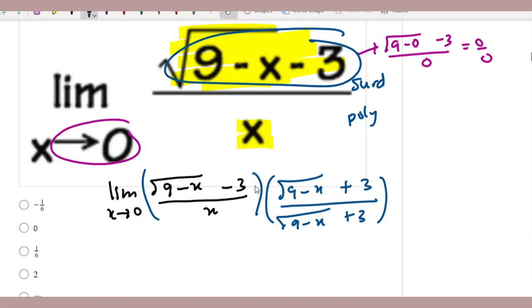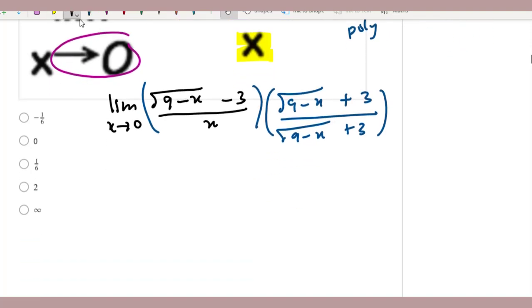Then multiply and simplify. You still need to write the limit as x approaches 0, multiply this one. Then you get rid of the square root because of the multiplication: square root of 9 minus x times square root of 9 minus x, and the answer is 9 minus x minus 3 times 3, 9.